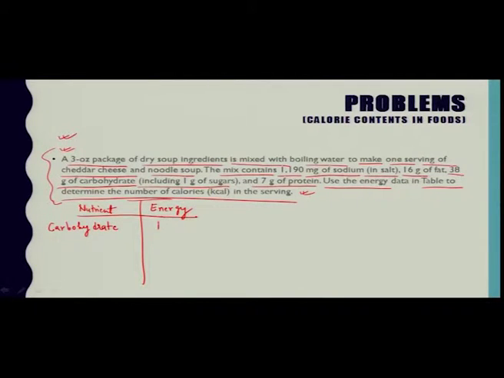Carbohydrate contains 4 kilocalorie per gram, and protein contains 4 kilocalorie per gram, as well as lipid, or named as fat, it is 9 kilocalorie per gram.